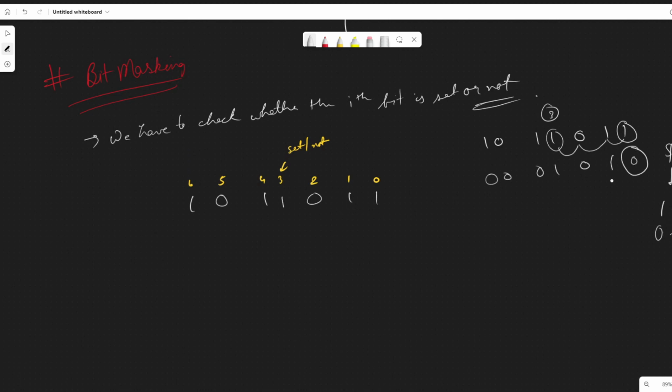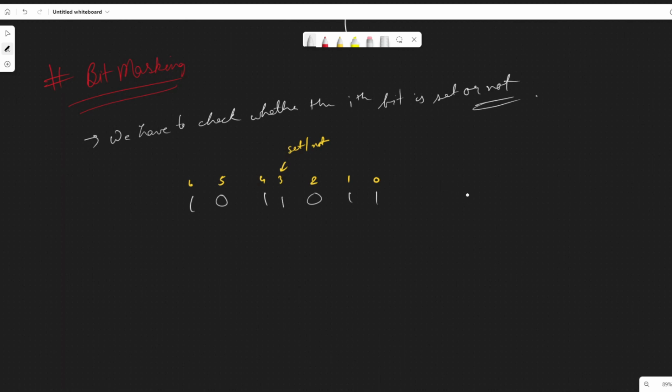Okay, so in this case we get the answer, but we change our original number by right shifting. So we do not usually perform this operation because it changes the original number.